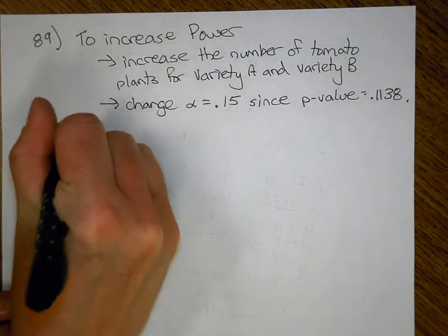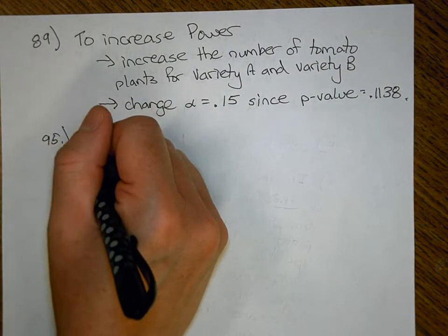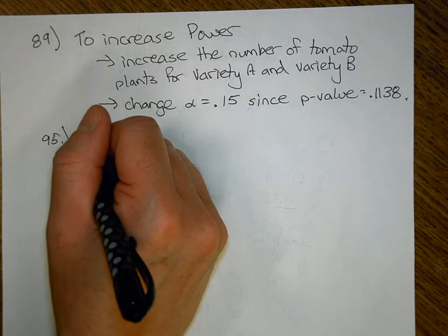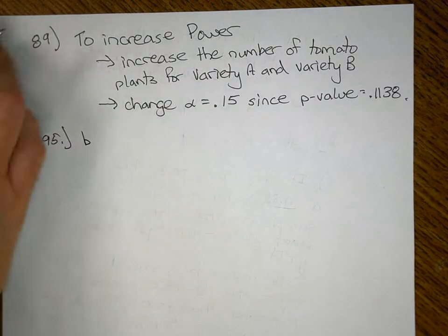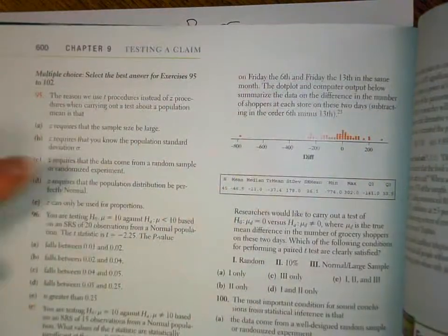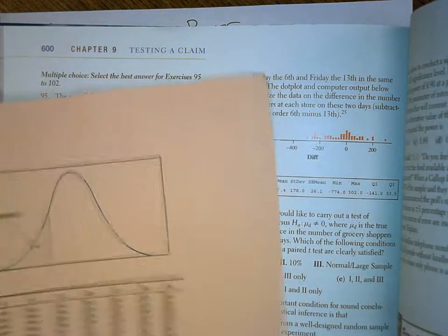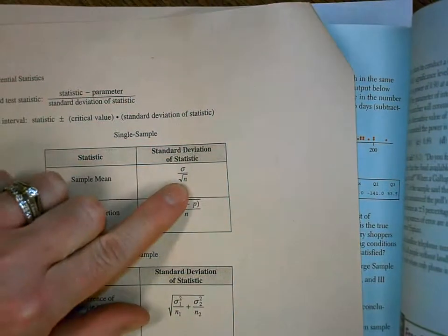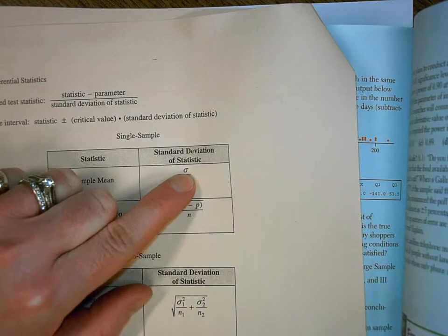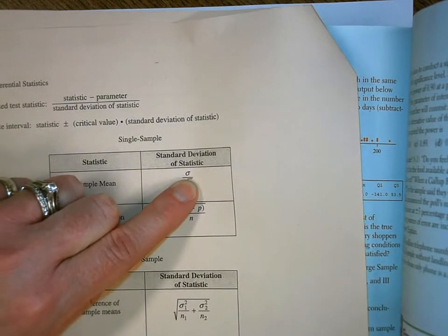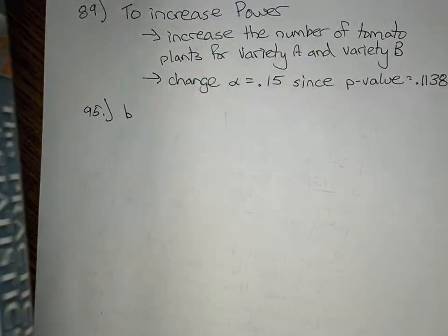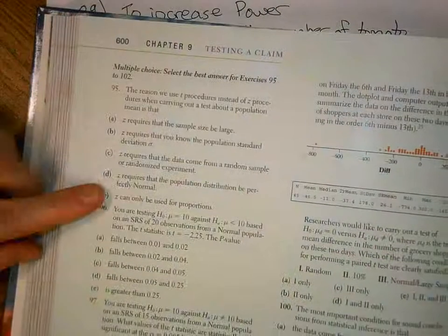That's B. And if you want, you can always look in your formula packet, the formulas they give you in that crazy looking box are for Z. We don't have sigma, we have S. So it's got to definitely be B.